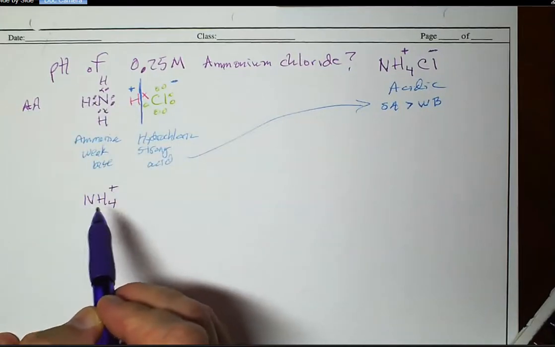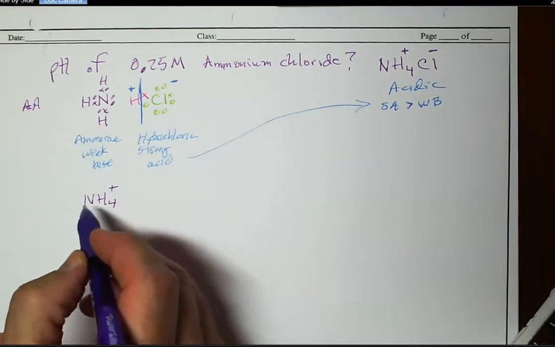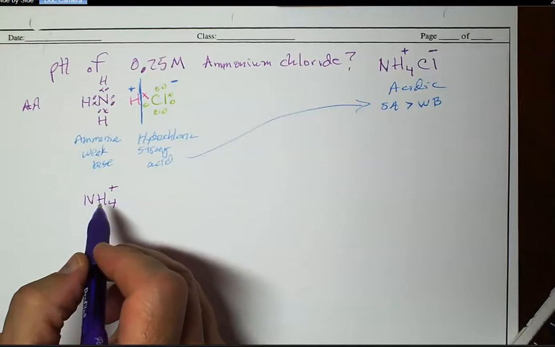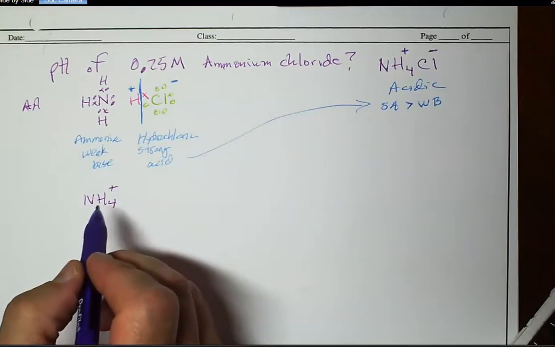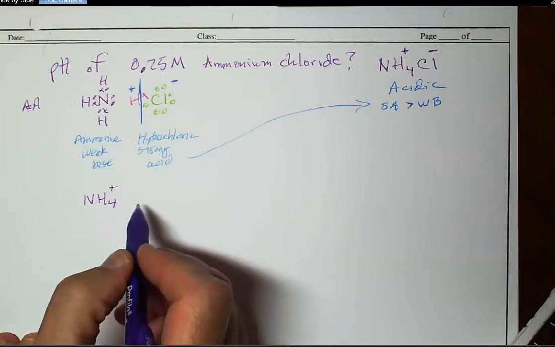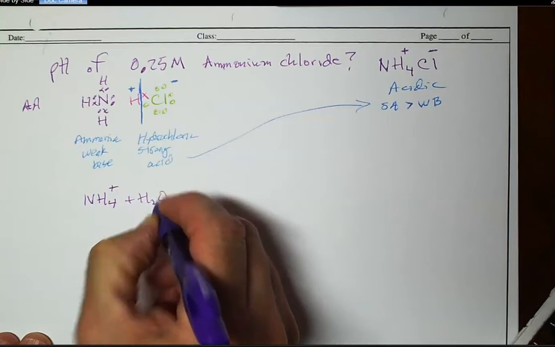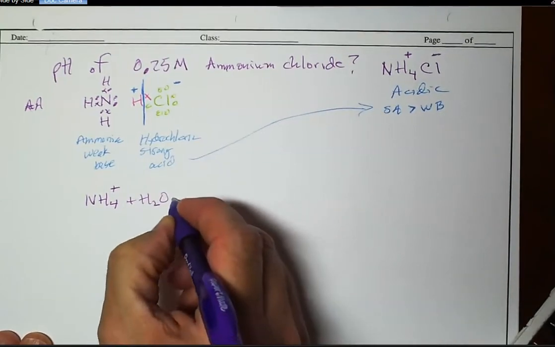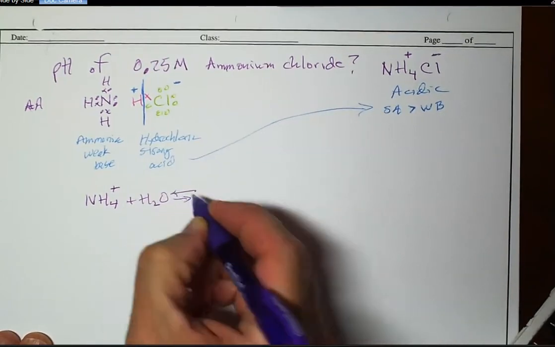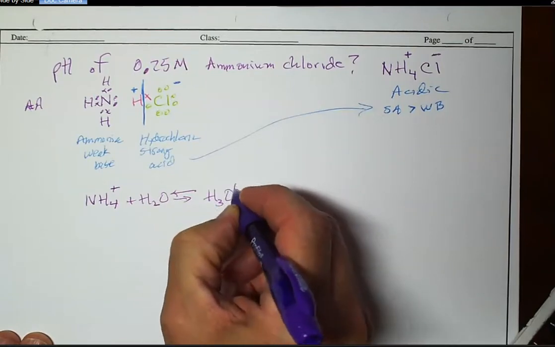So this is the conjugate acid of this base, ammonia. But this acid then can give that proton back. It can donate it. So it will donate it to water. And that will cause what we always see acids causing, and that is the production of hydronium.